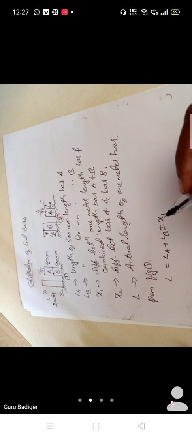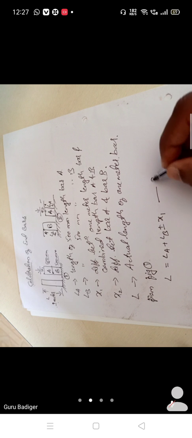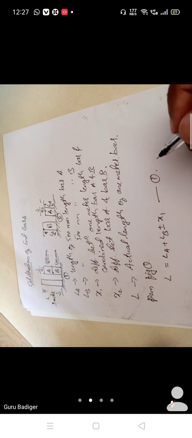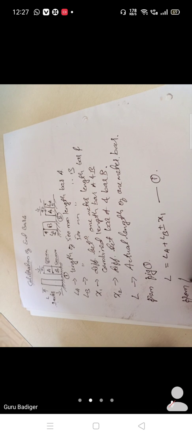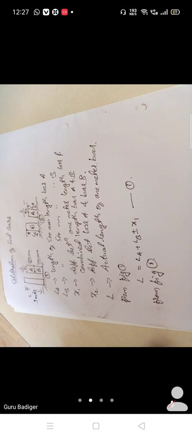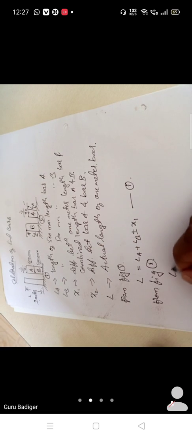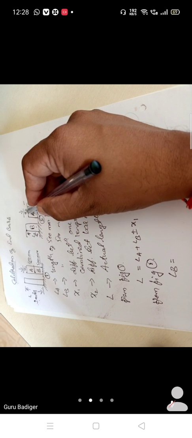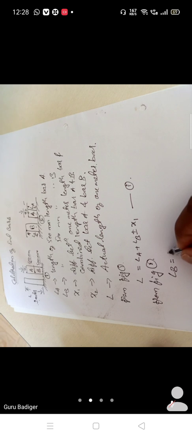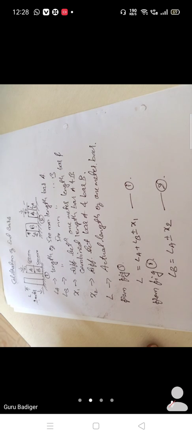This equation we will call the first equation. Then from figure 2, you write LB is equal to LA plus or minus x2. This is equation number 2.